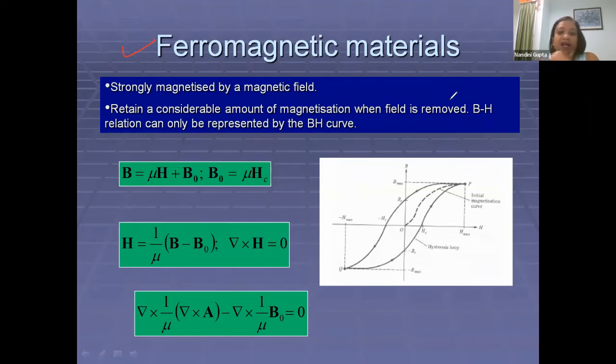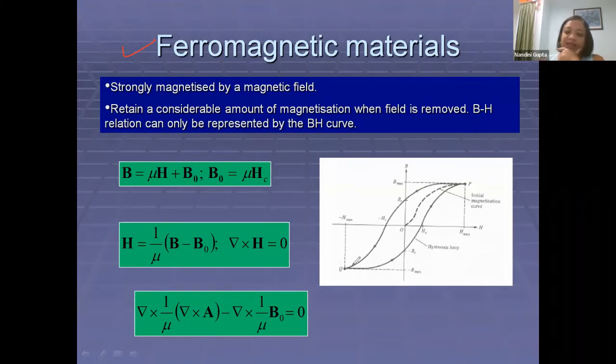The problem is the hysteresis loop, which you're all familiar with: even once you magnetize a ferromagnetic material, even when you remove the magnetic field, some amount of magnetization will remain. The residual magnetization will be there, and to get rid of it, you will have to apply a field in the opposite direction, which is the coercive field.